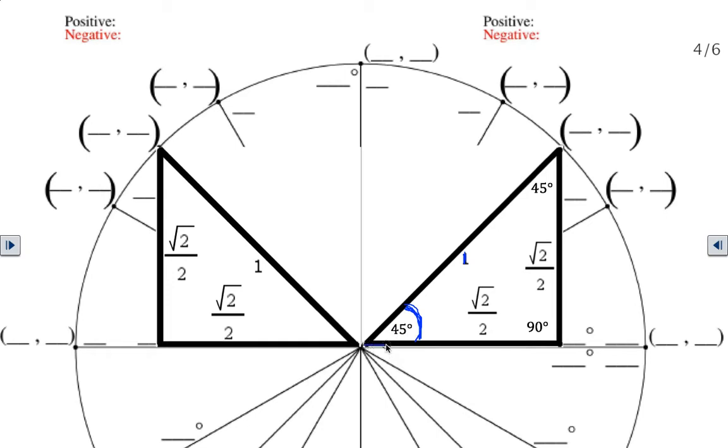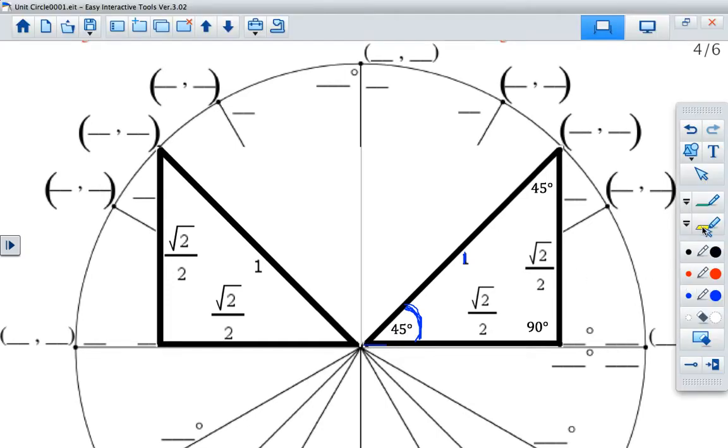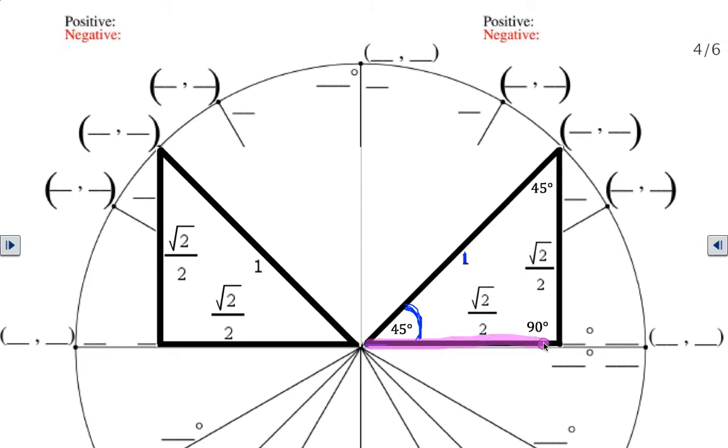So this length here, let me change my color. There we go. So this length here, the measurement or the length is the square root of 2 over 2 units. Now remember, this is a unit circle, so this is 1 unit. This would be the square root of 2 over 2 units. And then this length here is going to be the square root of 2 over 2 units.